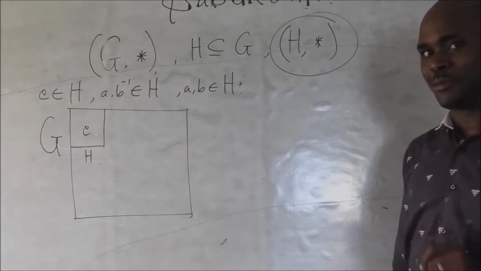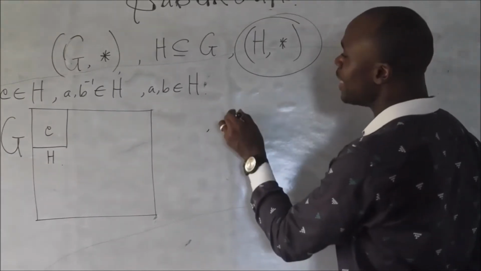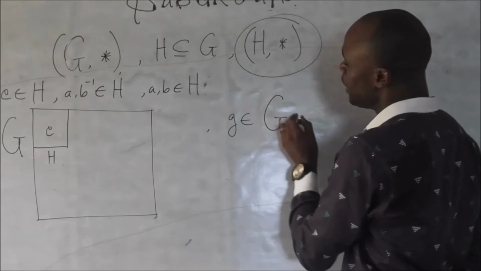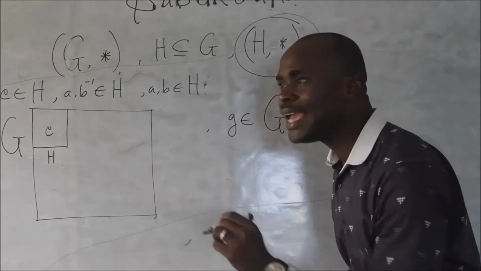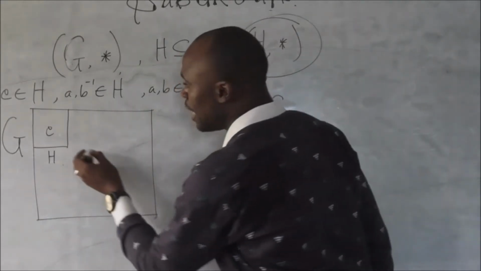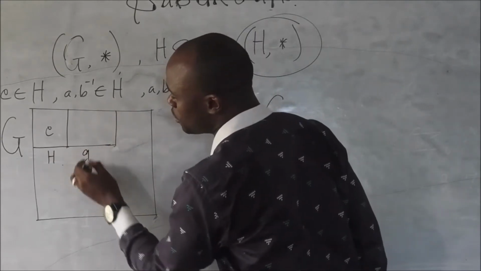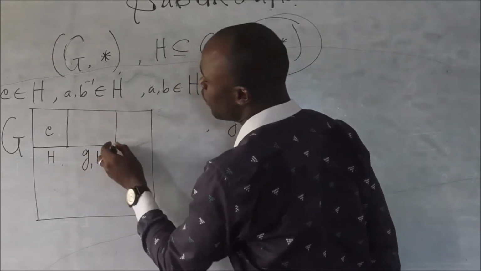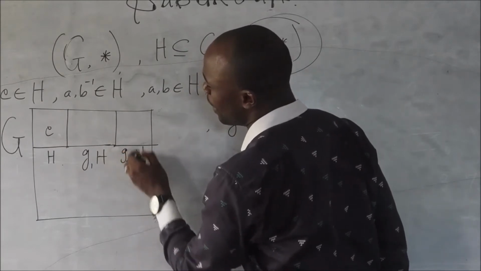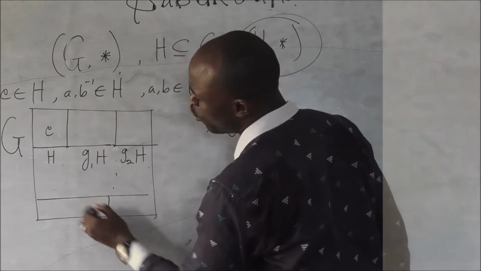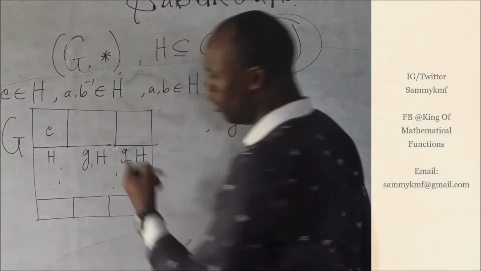Now we can do something very interesting. We can pick a particular G in the main group and multiply it with this. That means we can use a particular G, call it G1, and multiply with H. You have another one, G2, multiply with H, and you keep doing that until we cover up the whole of this.